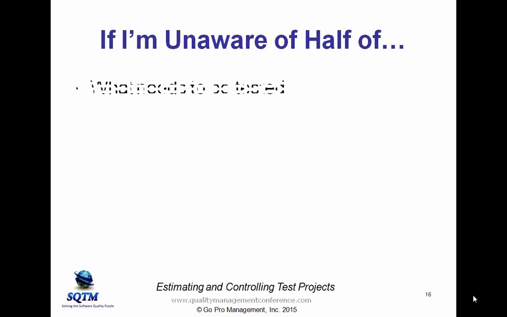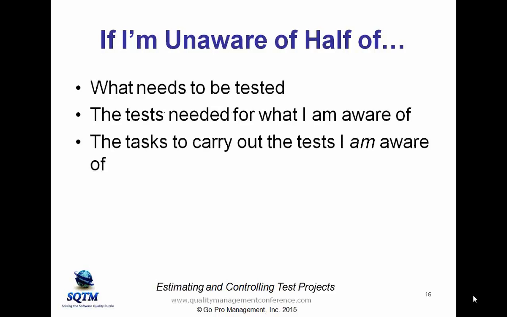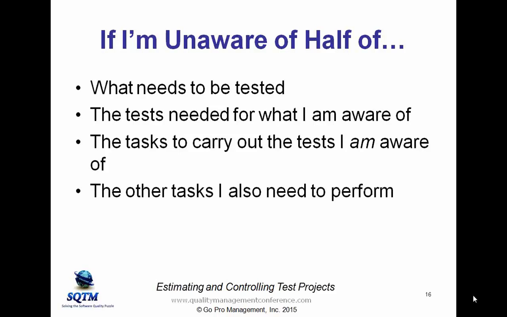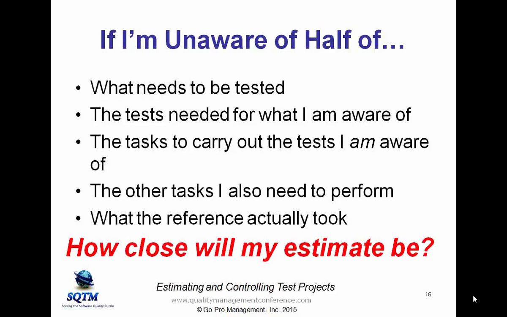So if I don't know half of what needs to be tested, and I don't know half of the tests that are needed for the things that I am aware of, and I don't know half of the tasks to carry out the tests that I'm aware of, and I don't know half of the other tasks that I also need to perform, and I don't know half of what the reference actually took, well, you can do the math here, folks. 50% times 50% times 50% times 50% times 50% turns out to be what a colleague of mine used to refer to as the square root of squat.